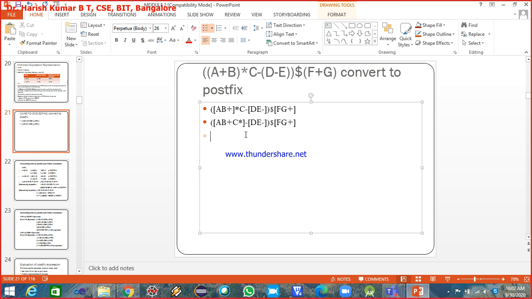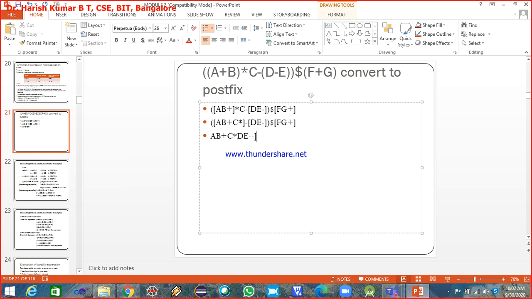Okay. Next, again, this is one operand, this is another operand, and all of this is inside the parenthesis. I should go for evaluating this. Now it is A B plus C star D E minus minus.